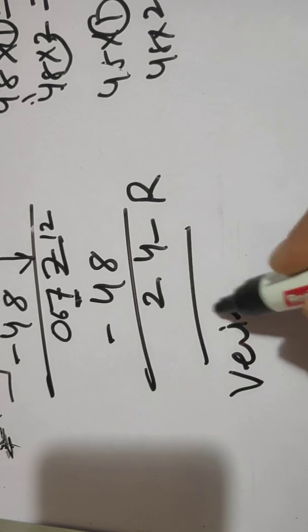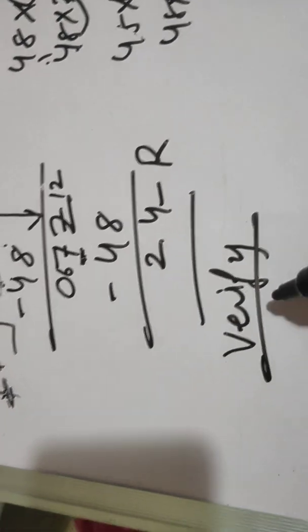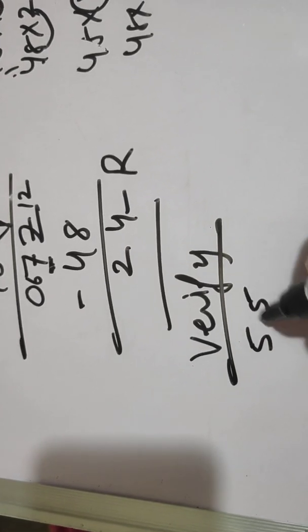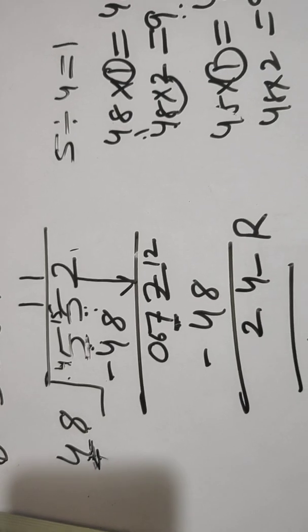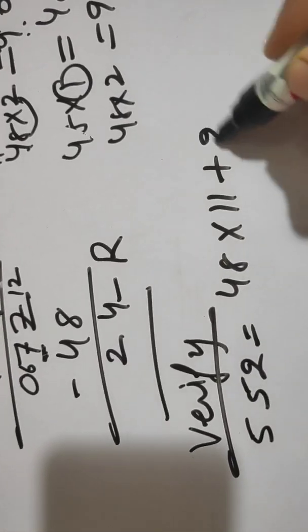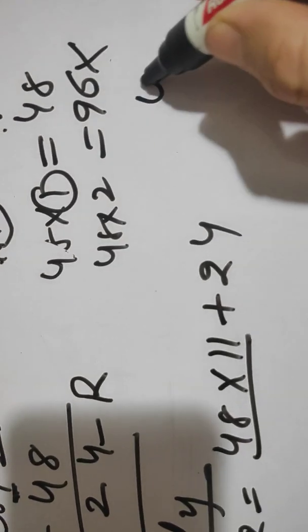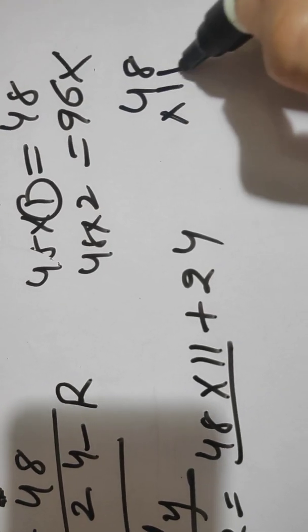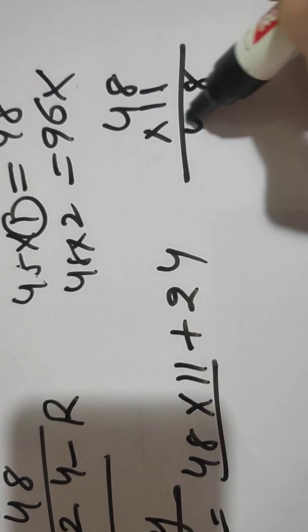Next step you have to verify, and to verify, same rule: dividend equal to divisor times quotient plus remainder. Divisor here is 48, quotient is 11, remainder is 24. So we multiply these two and check whether our answer is right or wrong. In your rough area you can multiply here. 1 8 is 8, 1 4 is 4.